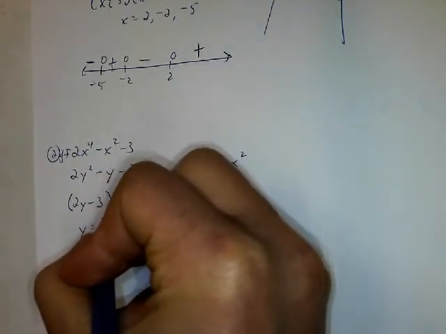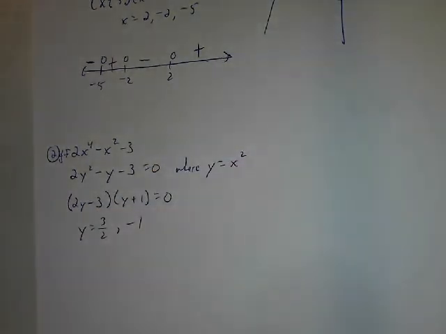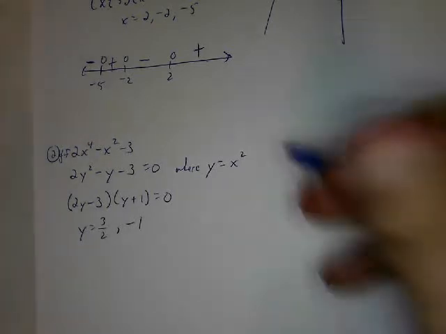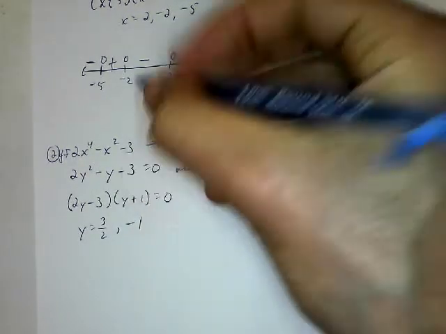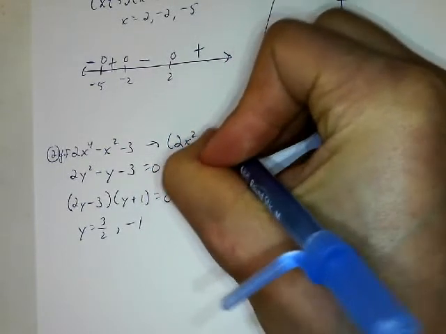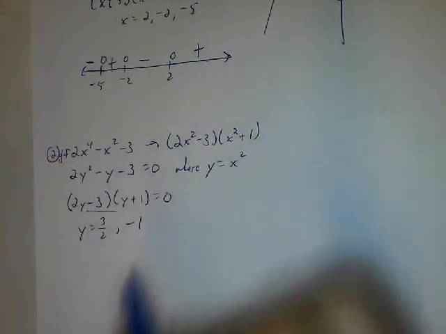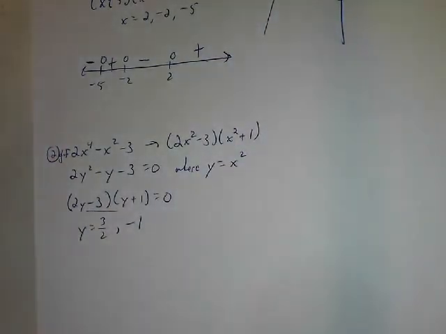So y is equal to 3 halves, or negative 1. It's important to understand that y is actually x squared. Many of you, and I know normally when I do this, I jump right to it and just say 2x squared minus 3 times x squared plus 1, and that is fine. I just wanted to kind of introduce this kind of notation, which is useful in chapter 5 when we get to there.